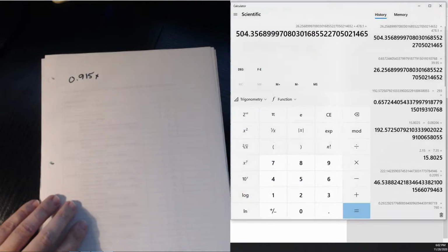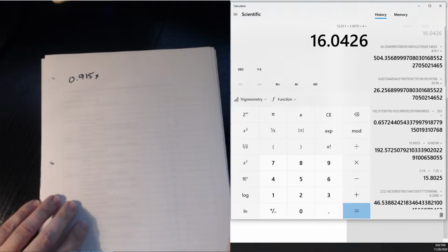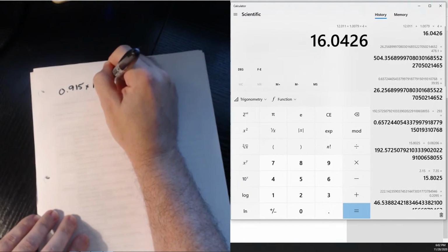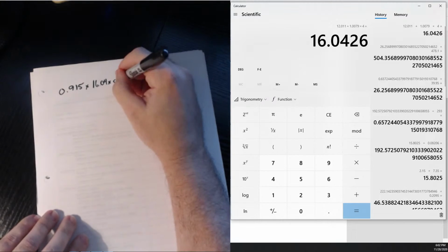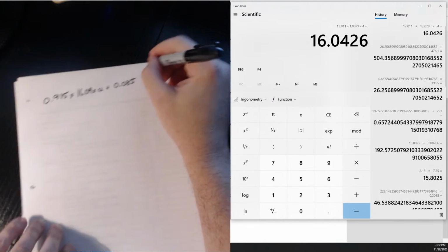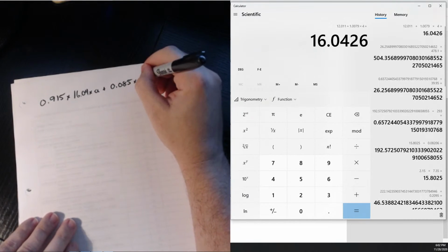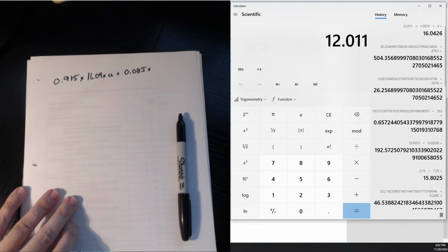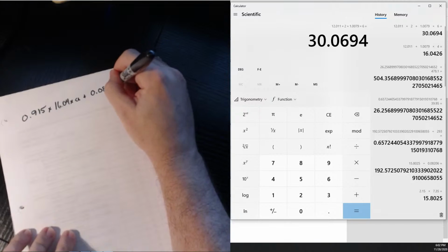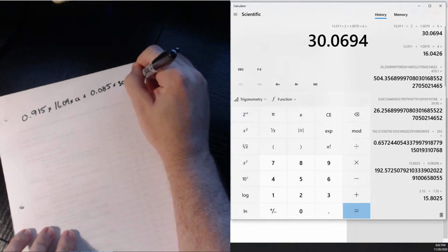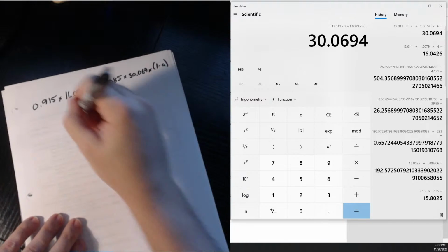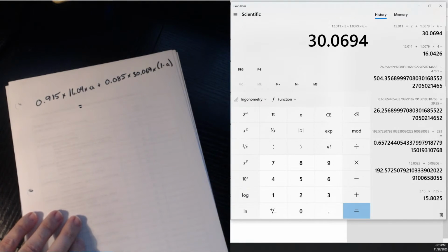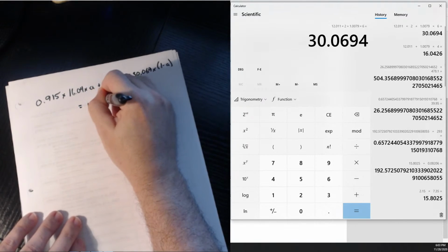The molar mass of methane, 16.04, times A, plus 0.085 times the molar mass of ethane, 30.069 times 1 minus A, is equal to 15.50 grams.